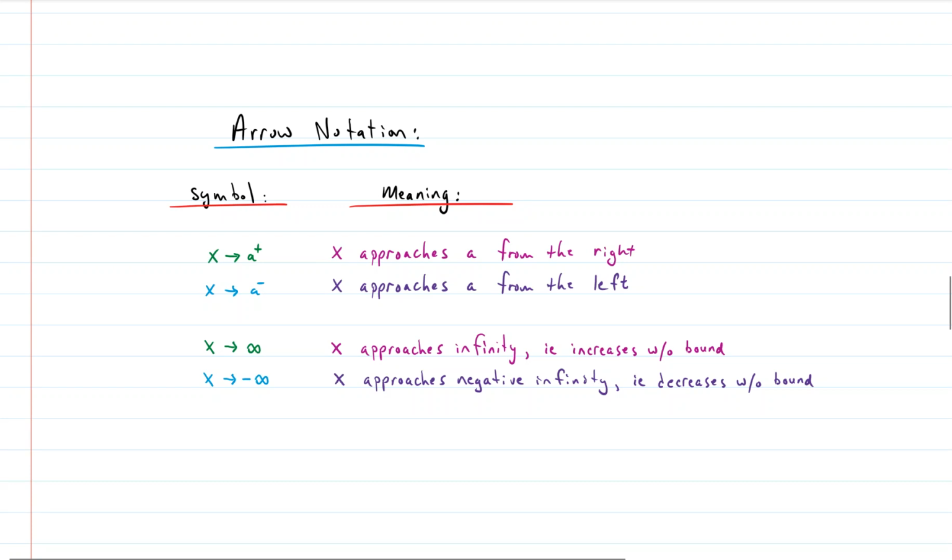That is read, x approaches a from the right. If you have x, then the right arrow, and then a with a minus sign in the power, that means x approaches a from the left.